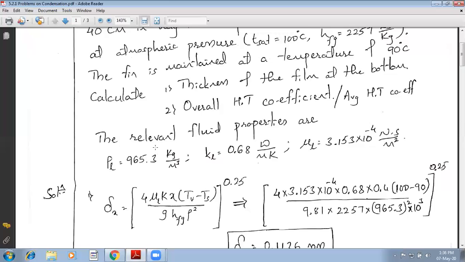Now he has given in the problem the relevant fluid properties. Density is 965.3 kg per meter cube. Thermal conductivity is 0.68 watt per meter Kelvin. And dynamic viscosity is 3.153 into 10 to the power minus 4 Pascal second or Newton second per meter square.